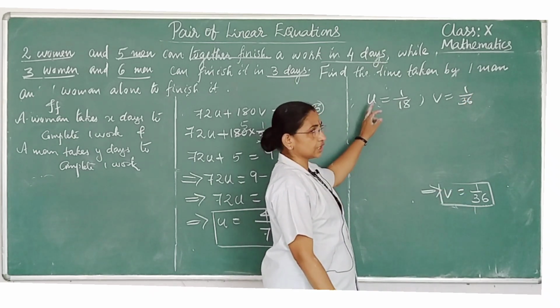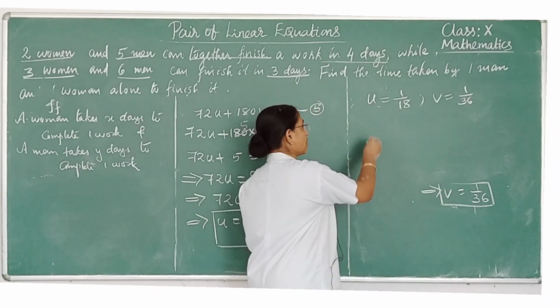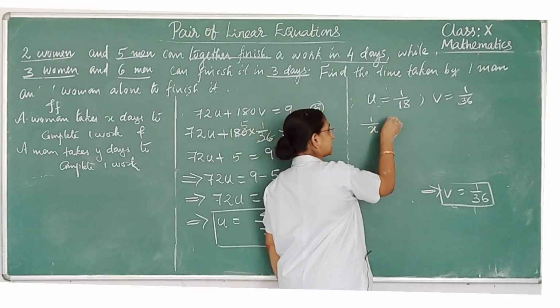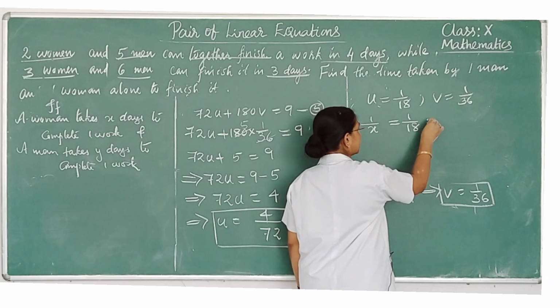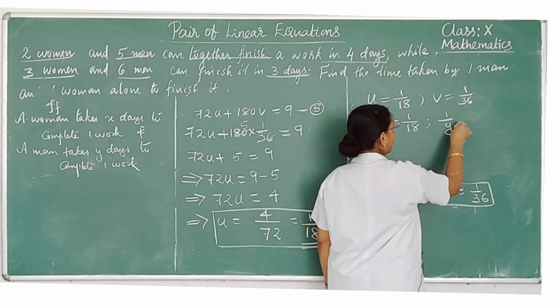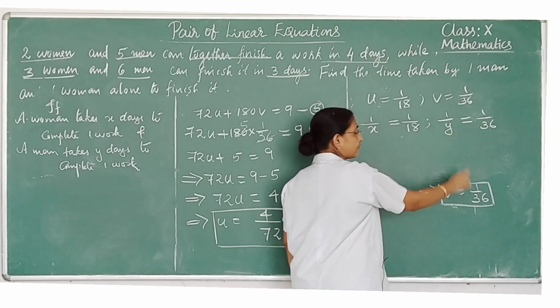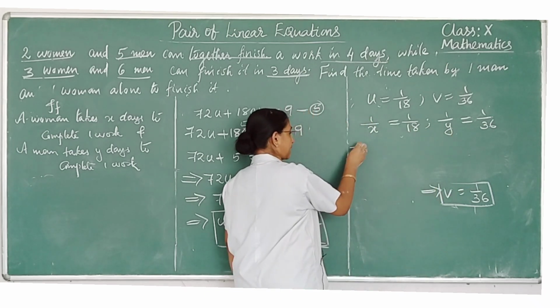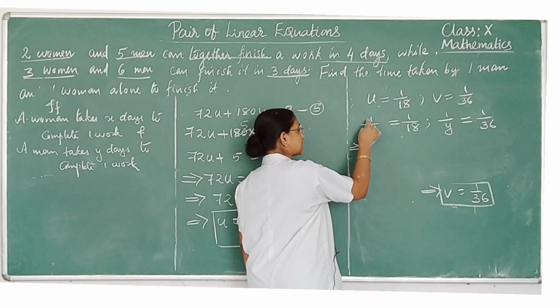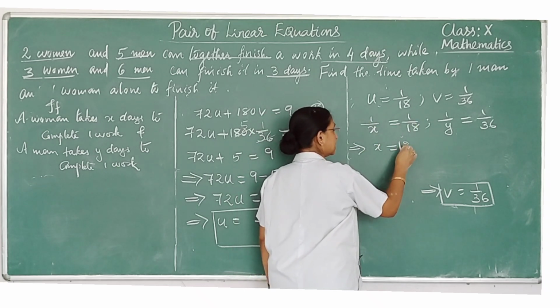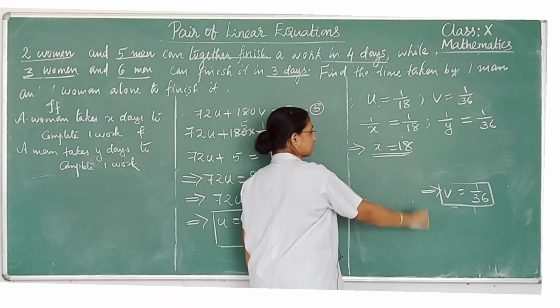But you know what is u? As per our substitution, 1 by x is u. So 1 by x equals 1 by 18 and v is 1 by y, which is 1 by 36. You need to find the values of x and y, which implies taking reciprocal on this side, you get x equals 18.